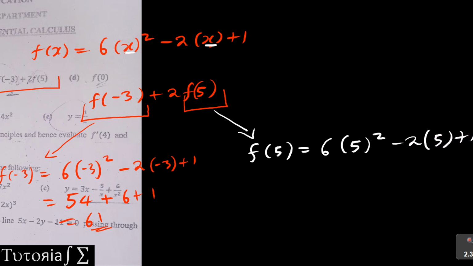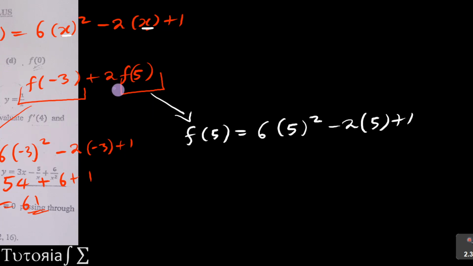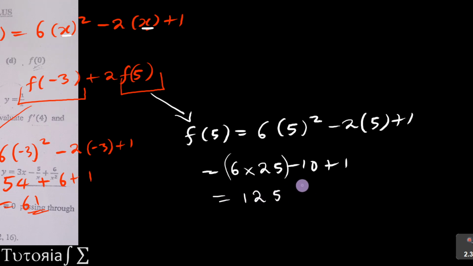Okay, so simplifying this, we're going to have 6 times 25 minus 10 plus 1. Okay, so 6 times 25, that is 125. Negative 10 plus 1, that will be negative 9.